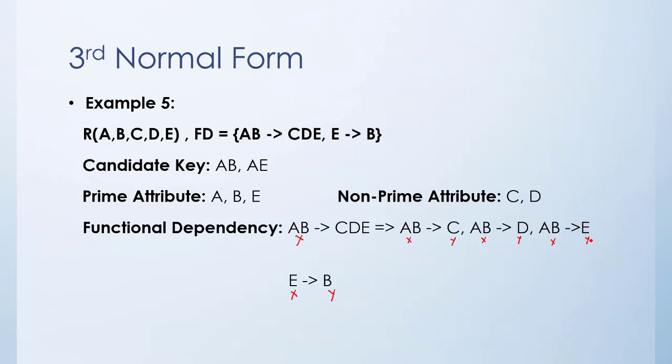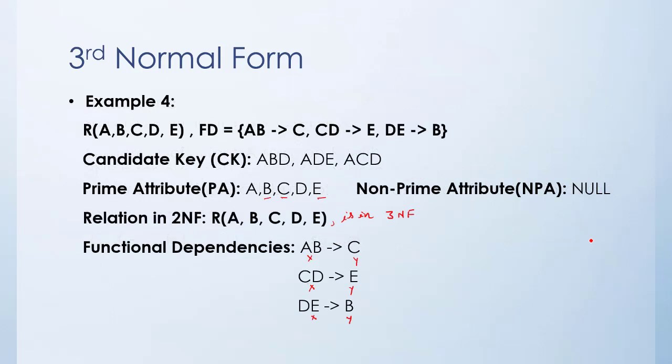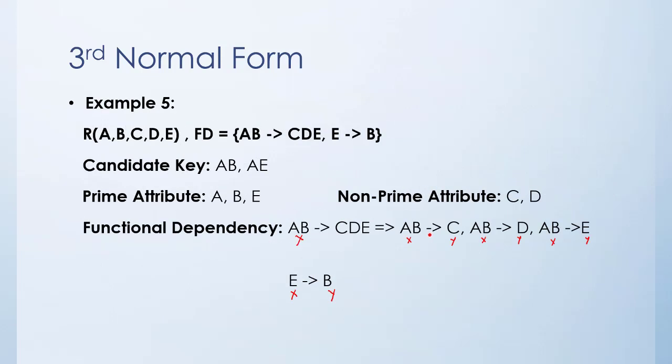So we need to analyze all the four functional dependencies, checking whether they satisfy any one of the conditions of the general definition of 3NF. AB determines C. Is AB a super key? Yes, AB is a super key, because it is a candidate key.